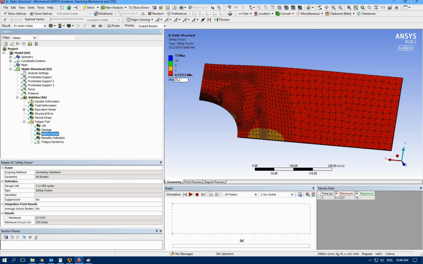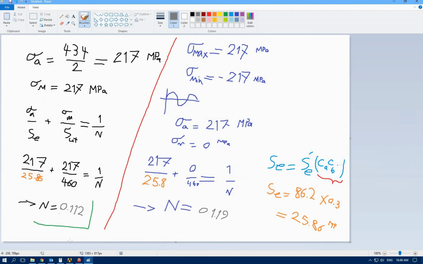Safety factor, 112 for case 1. Case 1, 112.